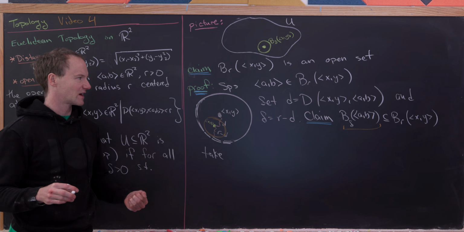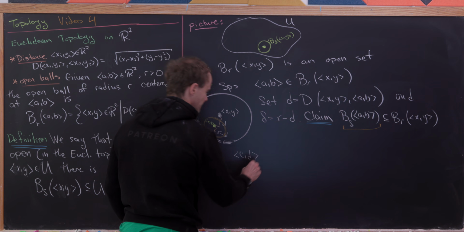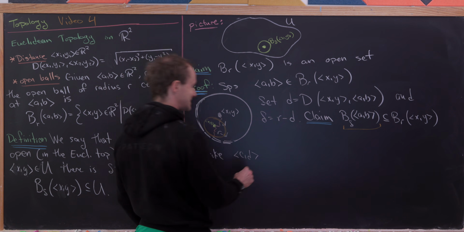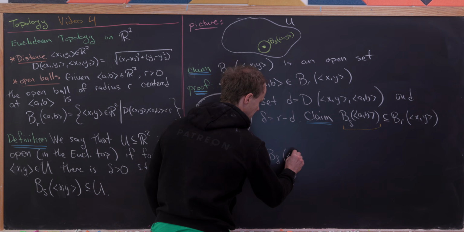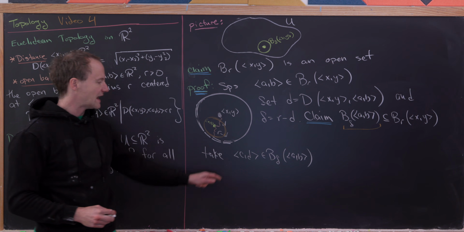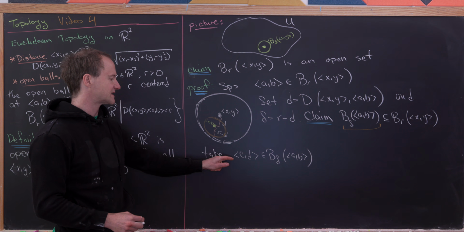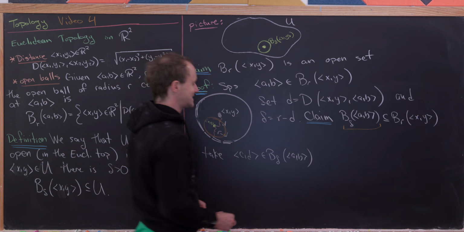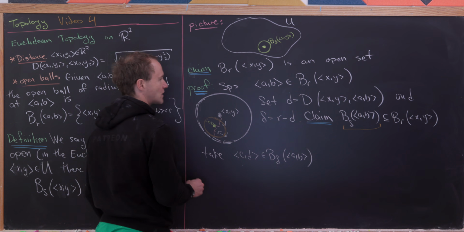Well, I guess we're kind of running out of letters. Let's maybe take (c, d). Okay, so we're taking the point (c, d) inside of our ball of radius delta centered at (a, b). And now we want this (c, d) to be inside of the larger ball, but in order to be inside of the larger ball, the distance between (c, d) and (x, y) can be at most r.